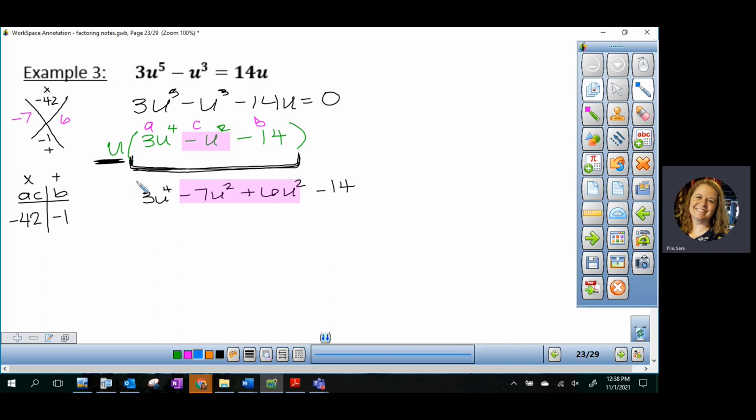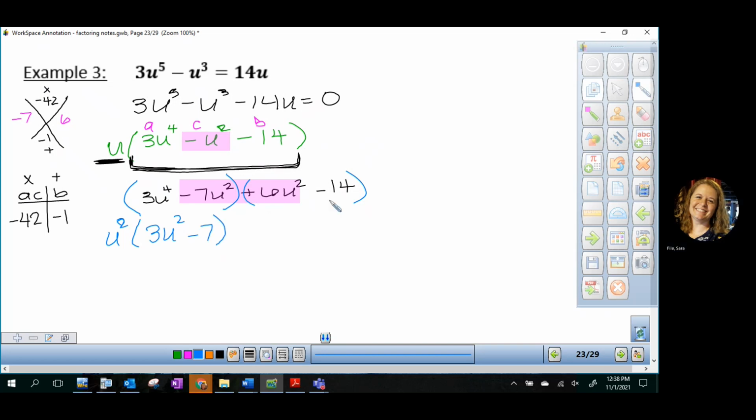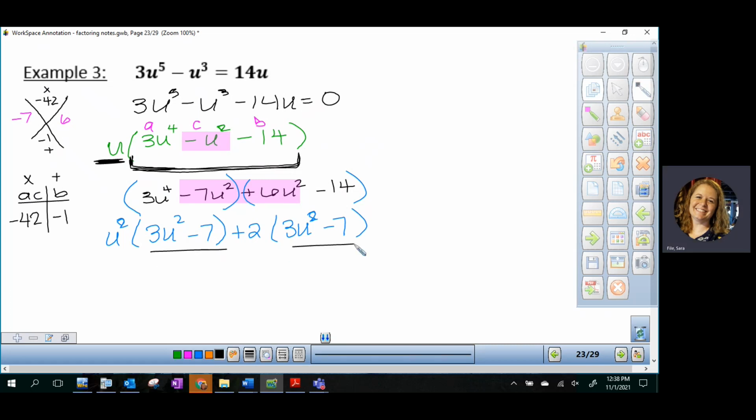Okay, so then I create my groups. Those have u squared in common. That would be 3u squared minus 7. Those would have 2 in common. That would be 3u squared minus 7. So that works. That came out to where those match. That's good.